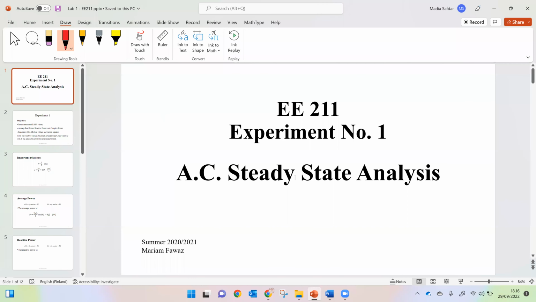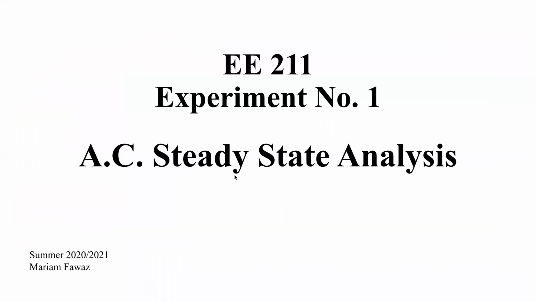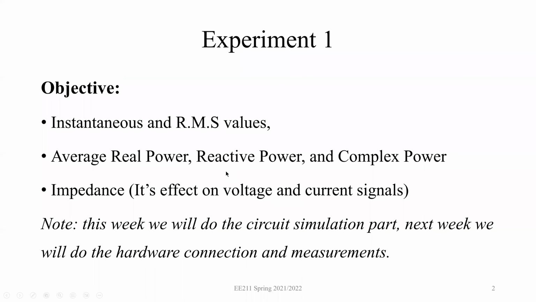Okay, so in this lab the primary purpose is to learn about the RMS and instantaneous values of current and voltage. I is for current, V for voltage, then average real power, reactive power and complex power. And then impedance Z equals R plus jX.